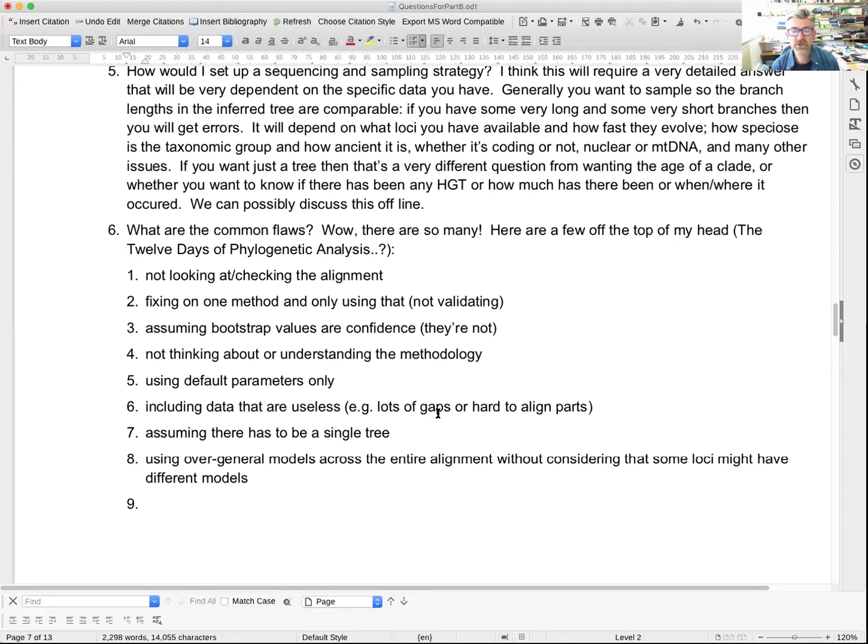A natural consequence of the way that the bootstrapping process goes is that the bootstrap value goes up and up. It doesn't mean that your tree is right. There can still be systematic errors. You might have got your models wrong, your method wrong, bearing in mind my comments for the previous point. And so bootstrap values don't mean that you're confident in your branch. At least they shouldn't mean that.